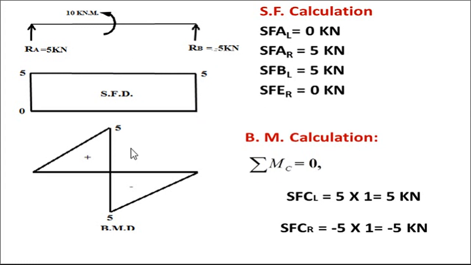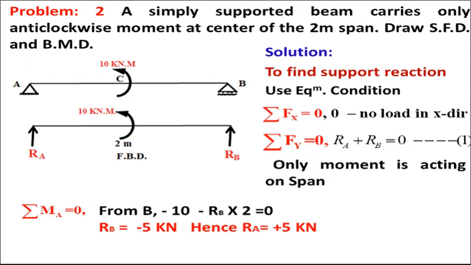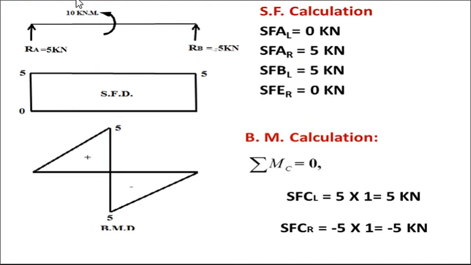Now for the bending moment calculation, here you have to take moment at point C. RA into up to the center. What is the total span? Total span in this particular case is 2 meter. So while taking moment you just take moment about the center.